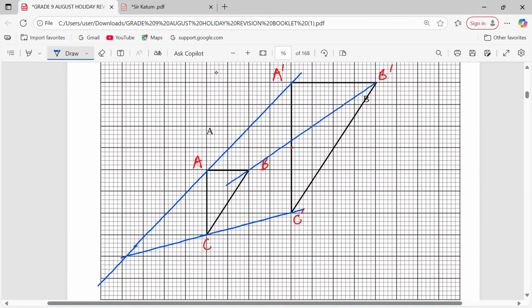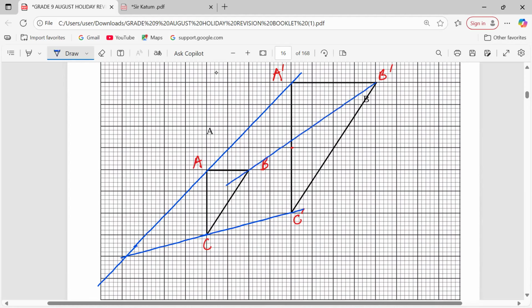Can check now the next question. This is number 37.